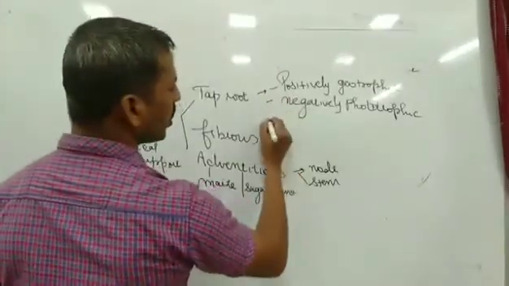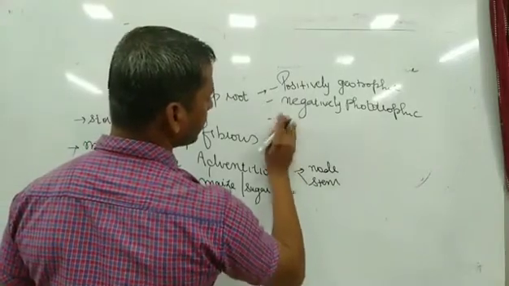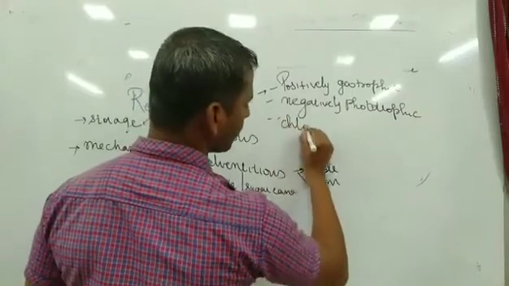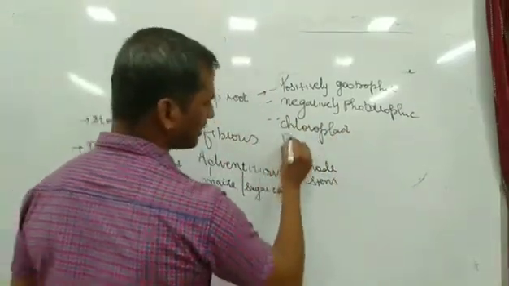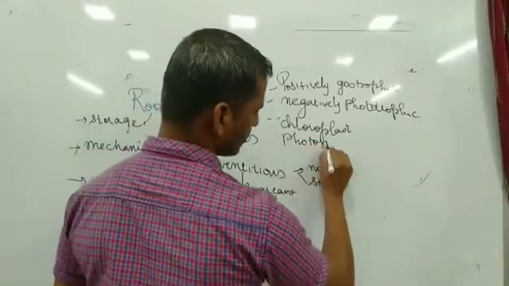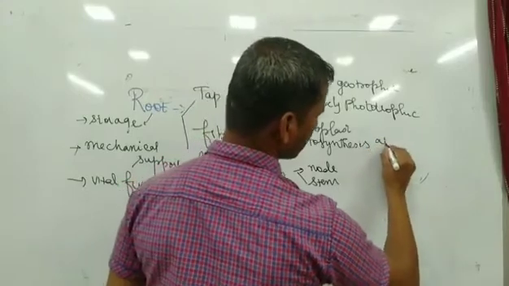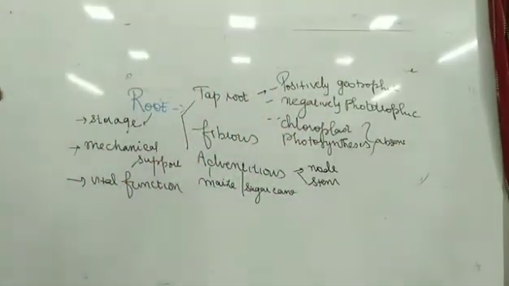And there are no pigments, no chloroplast, and photosynthesis is absent in the root.